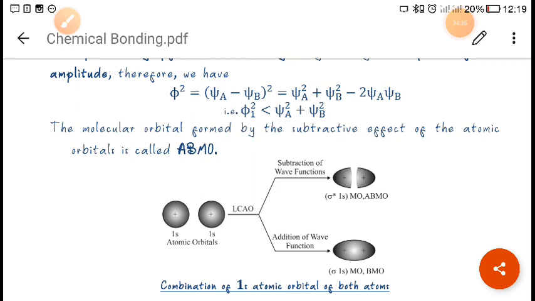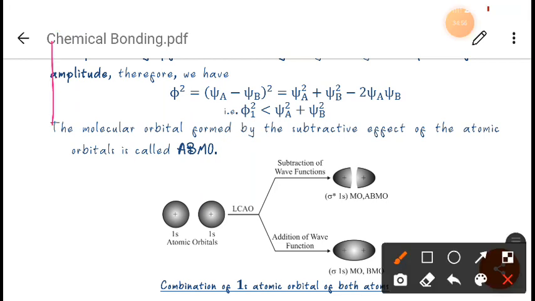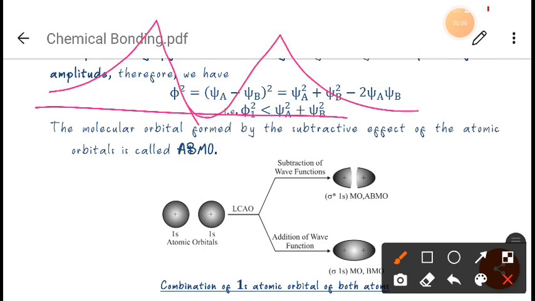Okay, now if we are taking the charge density psi a square of the anti-bonding molecular orbital, as it is shown, if it is shown like this. This is suppose B, this is A, and this is C. So it's shown in here.